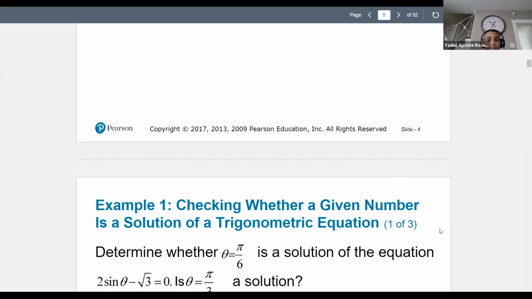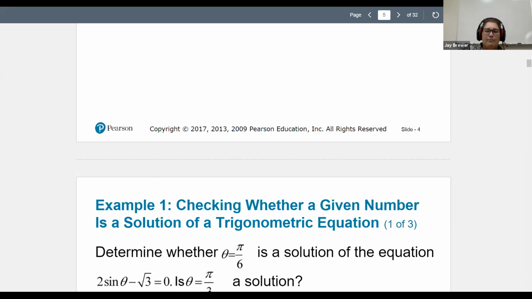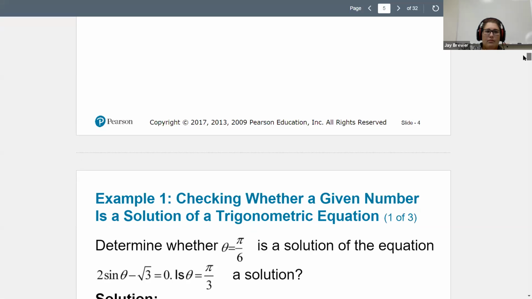All right, so if we want to determine whether theta equals pi over 6 is a solution for the equation 2 sine theta minus the root of 3 equals 0, what do we have to do? We're going to plug pi over 6 into the sine, right?